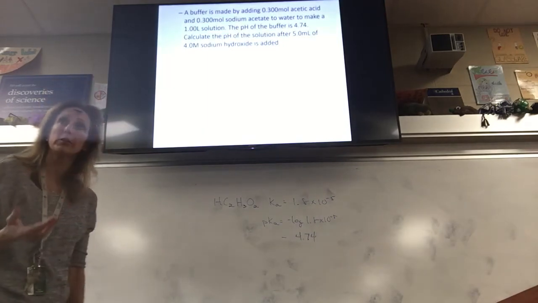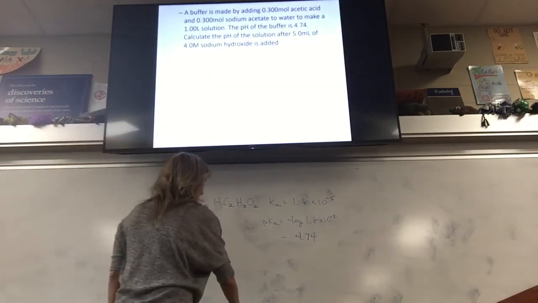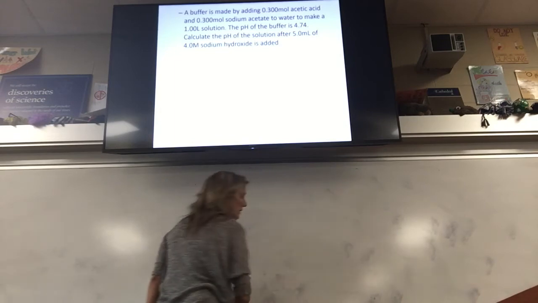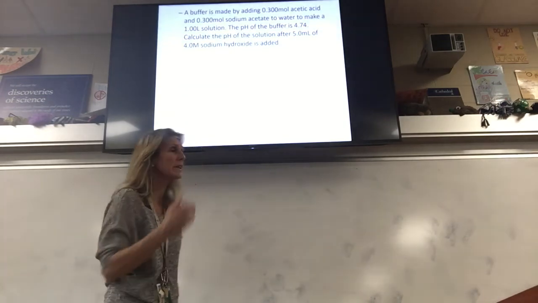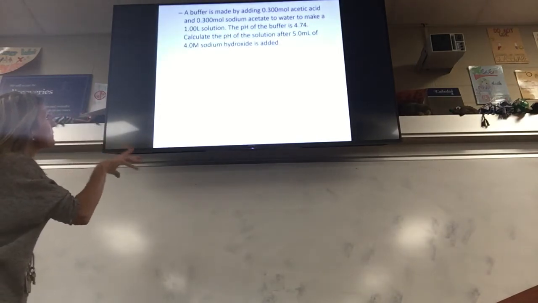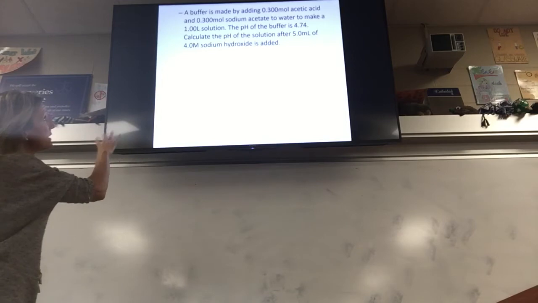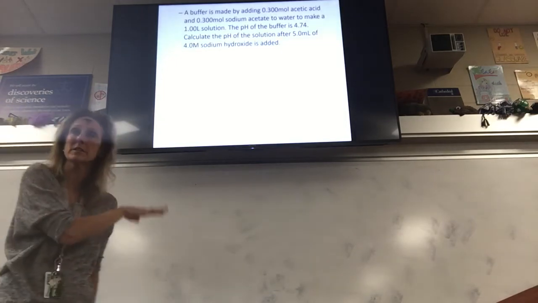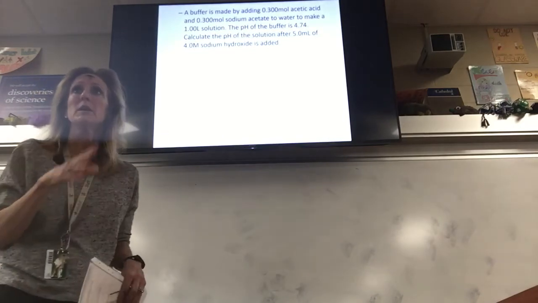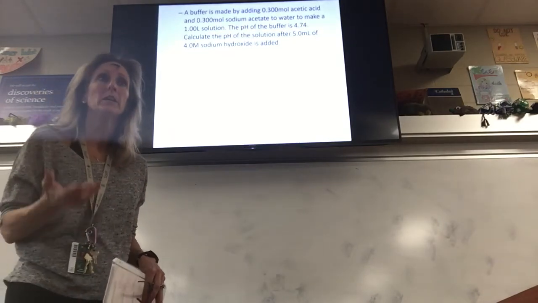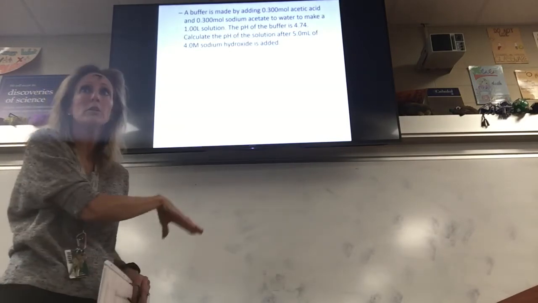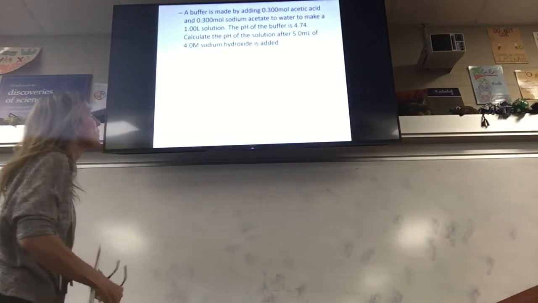The sodium is a spectator ion because it's the cation of a strong base, so it's not going to do anything. It's going to stay dissociated. And so it's in a 1 liter solution. So even though this is given in moles, because it's a 1 liter solution, the moles and molarity are the same. So we can call that 0.3 molar, or just use it as 0.3 moles.